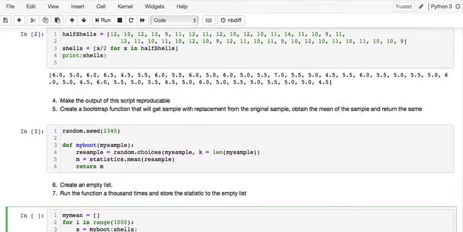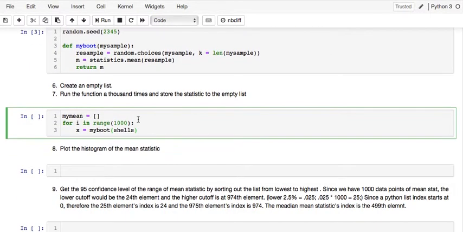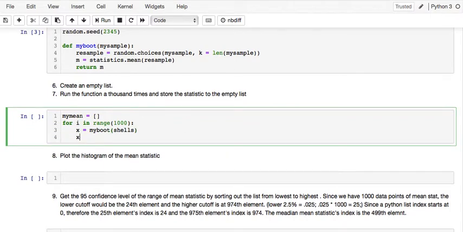So shells is the original sample. And put it in the list. Put the mean of the replacement sample inside this list, my mean.